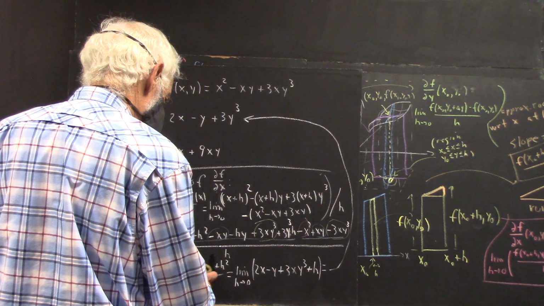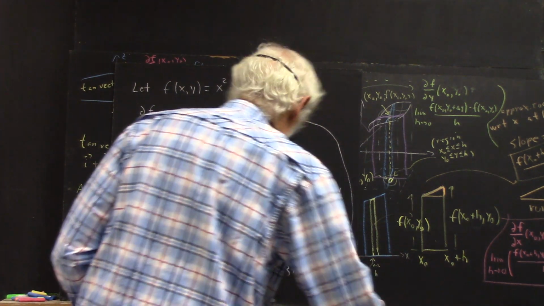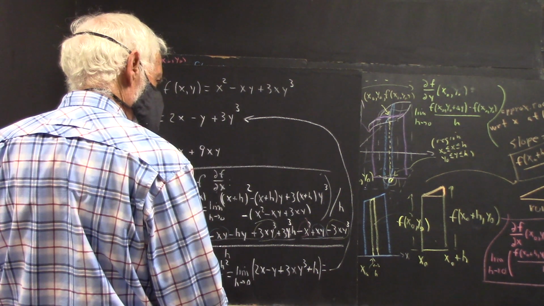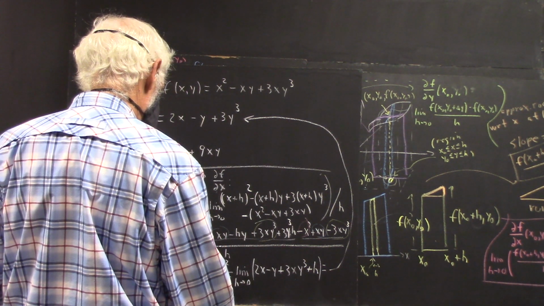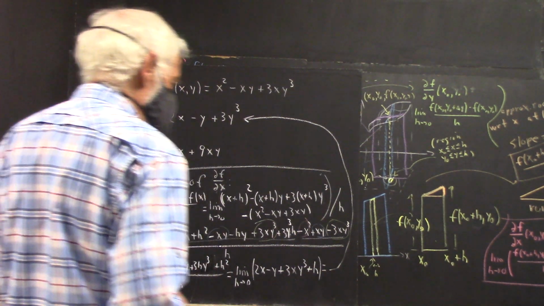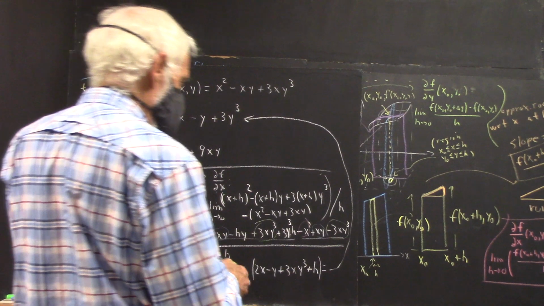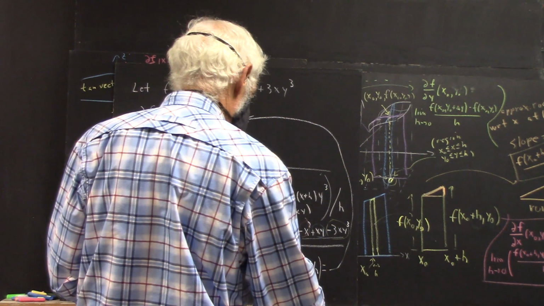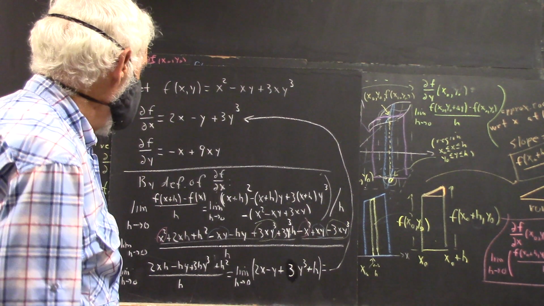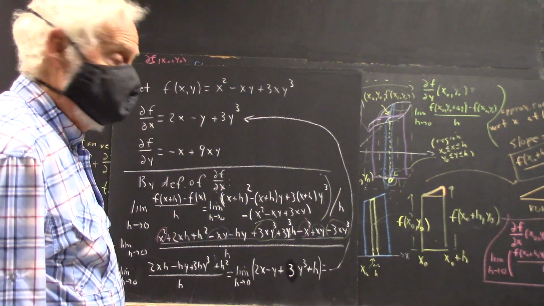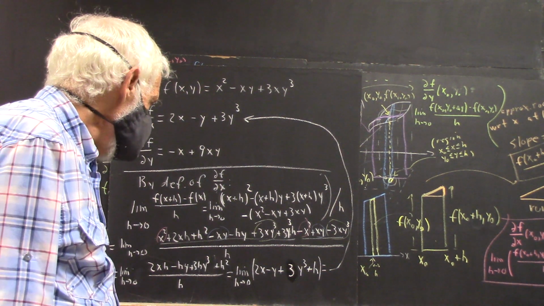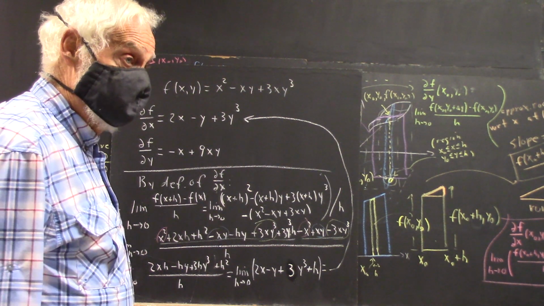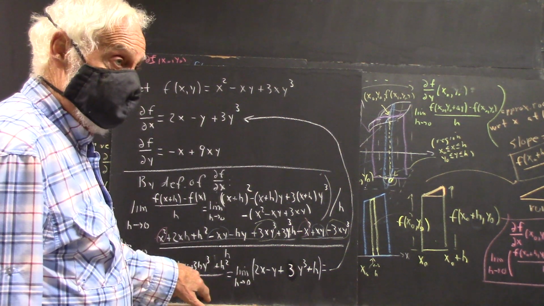Okay, so once again, there's no x in that. I have a 3y cubed. And now this matches this. Anyhow, that's how the limit works. It's going to match.